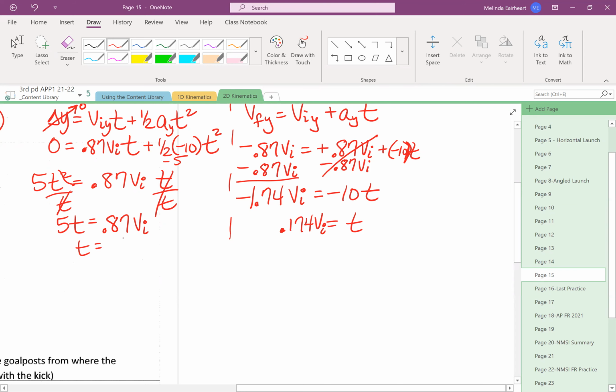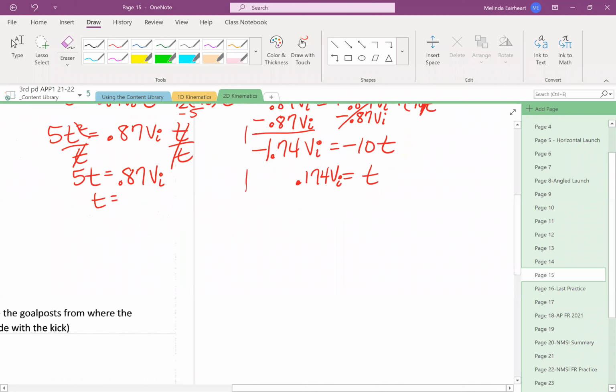0.87 divided by 5, someone punch that in. Don't just tell me it's the same. What's 0.87 divided by 5? 0.17. Was there a third digit? 4.